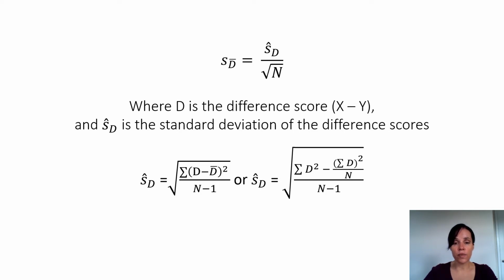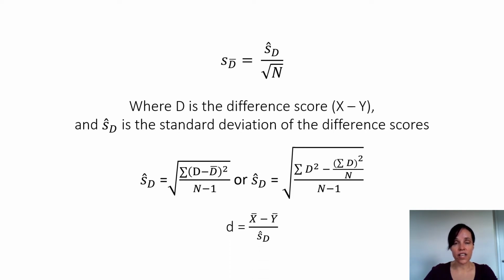The alternative formula is on the right. This one is called the computational formula. To calculate the standard deviation using this formula, you will take the sum of d squared, subtract the sum of d quantity squared divided by n, and then divide that whole term by n minus 1. Then don't forget to take the square root.